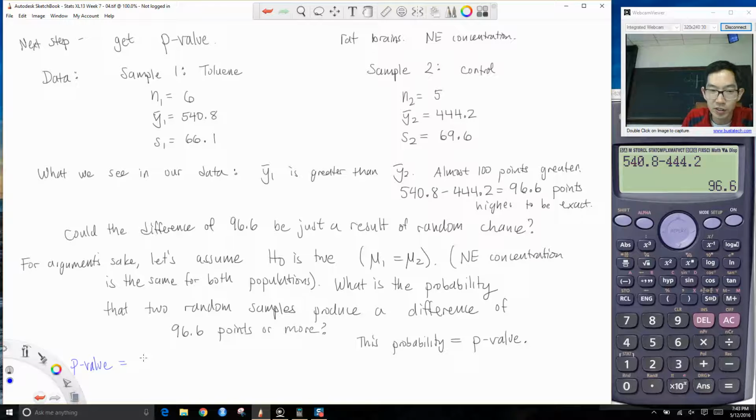So the probability of observing our data or something more extreme if we assume the null hypothesis is true.